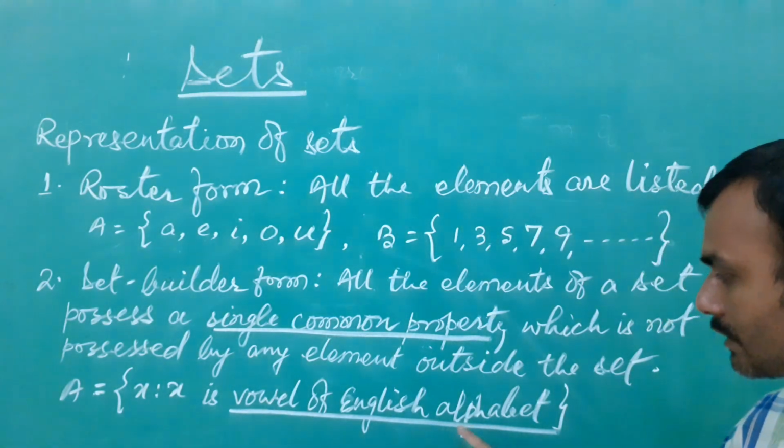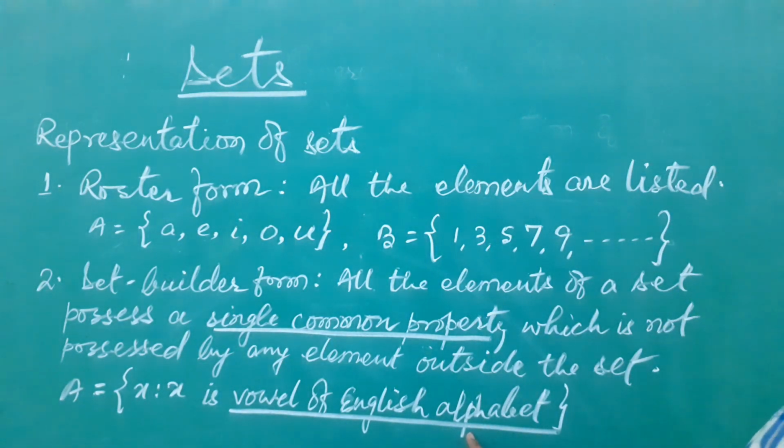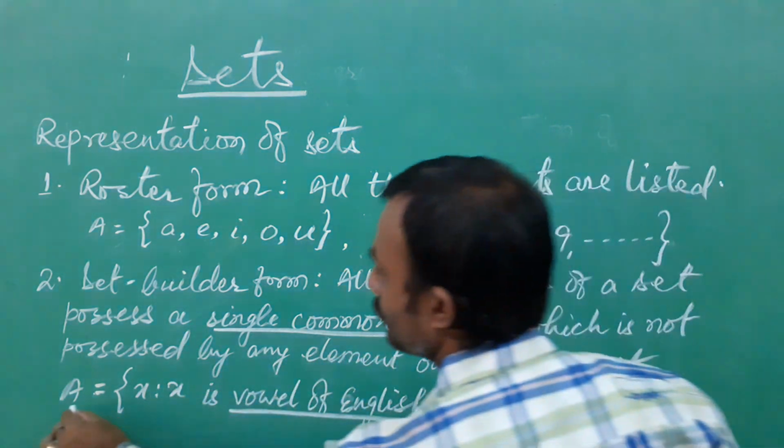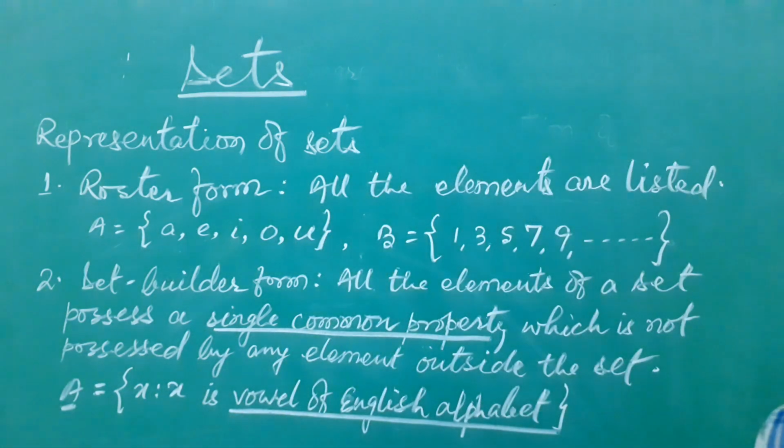So by looking at this, we can decide which alphabets are in this set A.